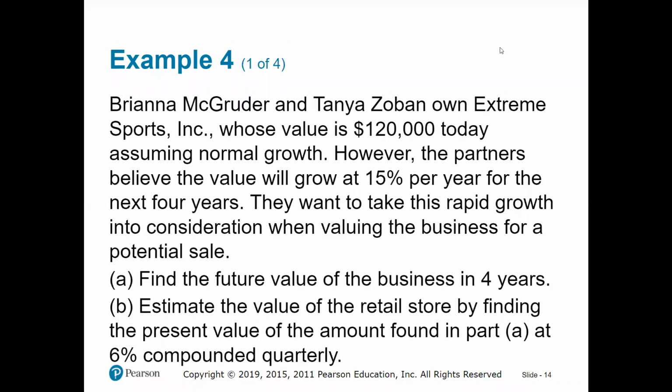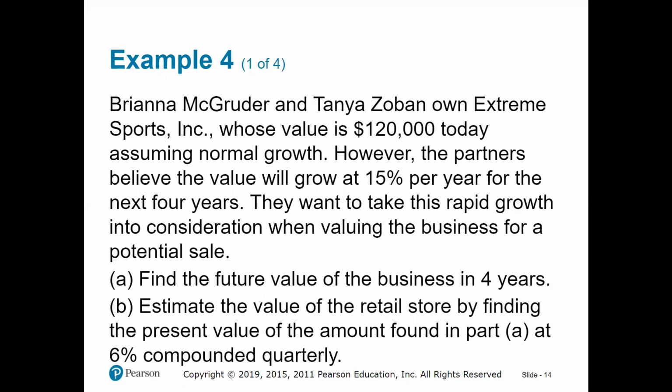All right, I think this is the last example for this section. Brianna McGruder and Tanya Zoban own Extreme Sports Inc., whose value is $120,000 today, assuming normal growth. However, the partners believe the value will grow at 15% per year for the next 4 years.